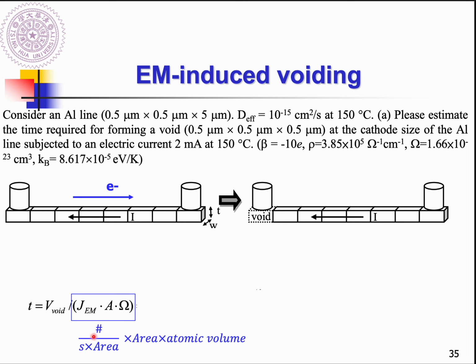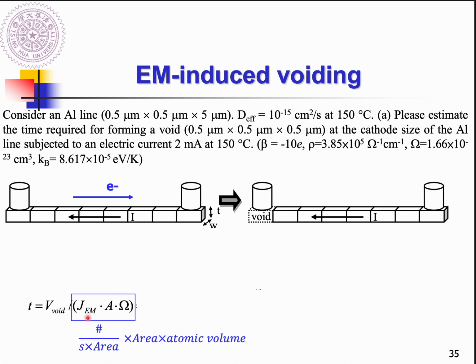But some people will probably ask, the vacancy flux, how do we know the vacancy flux? In this case, the value of the vacancy flux is the same as the atomic flux, right? The only difference is the sign, the direction, because what we deal with is a pure material, the alumina line, right? So if you have the JA here, then you get the JV with the same value but in the opposite direction.